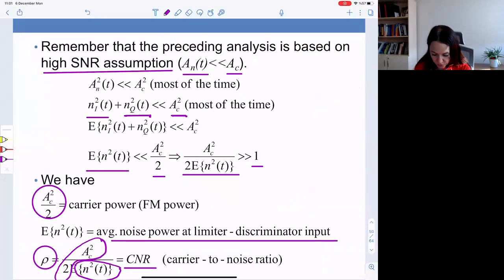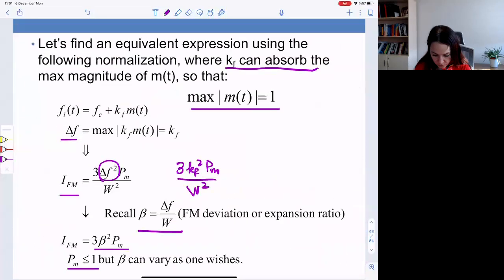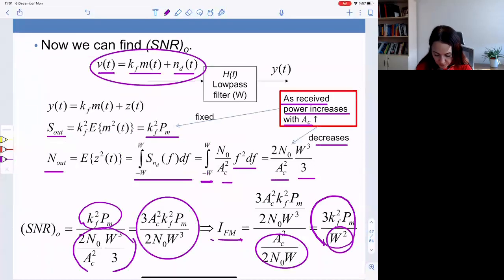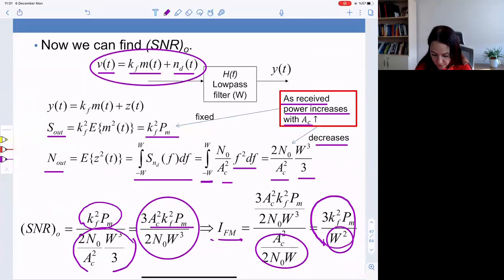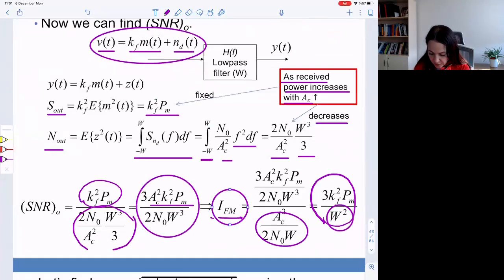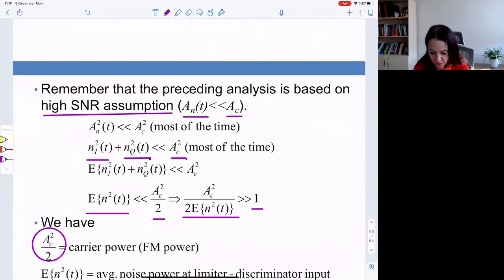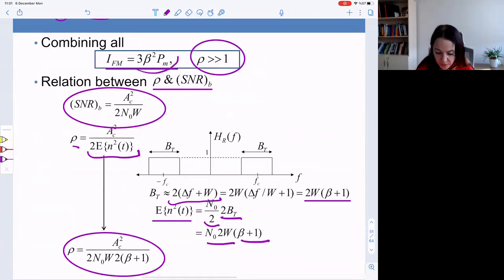So in fact, let's go back. SNR out is increasing like kf squared, and SNR O over SNR B is the figure of merit, and it is increasing like beta squared.